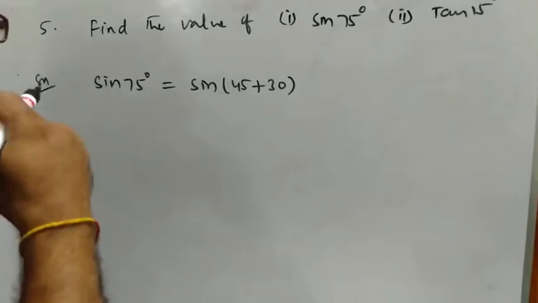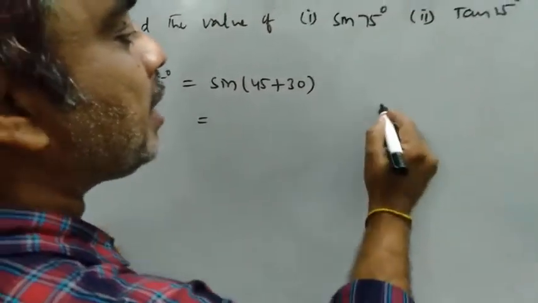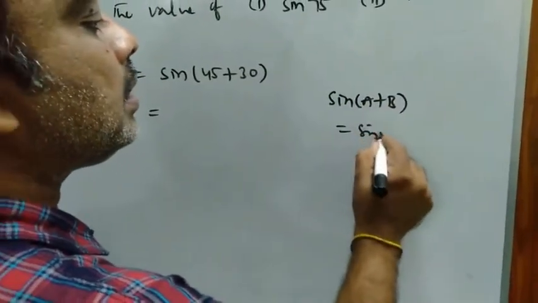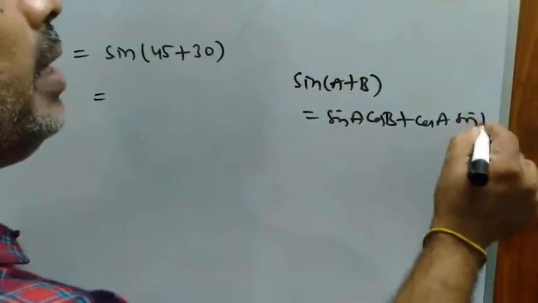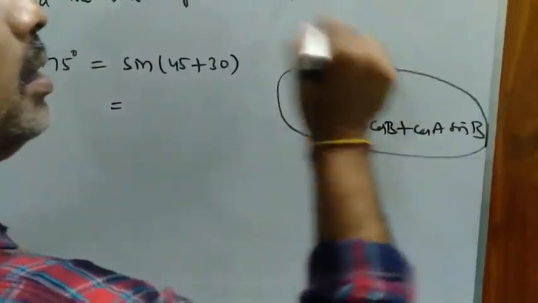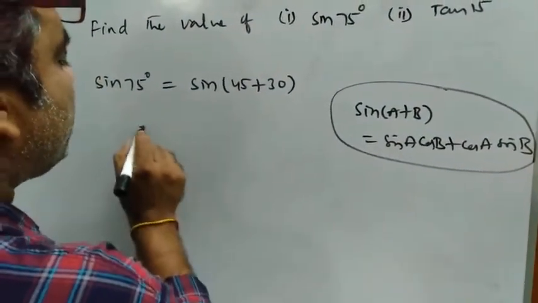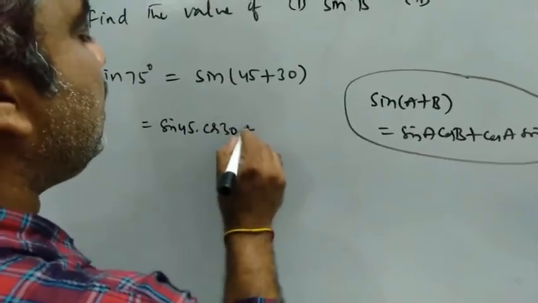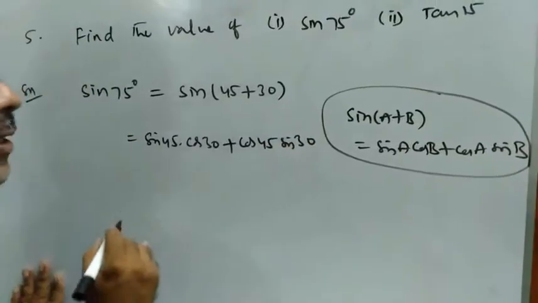So we know the sine A plus B formula: sine(A plus B) is equal to sine A cos B plus cos A sine B. I already gave this before solving the exercise problems. So I just expand that: sine 45 cos 30 plus cos 45 sin 30.